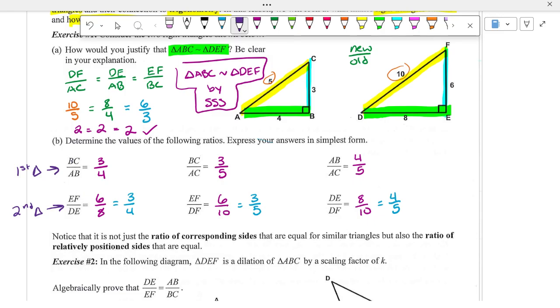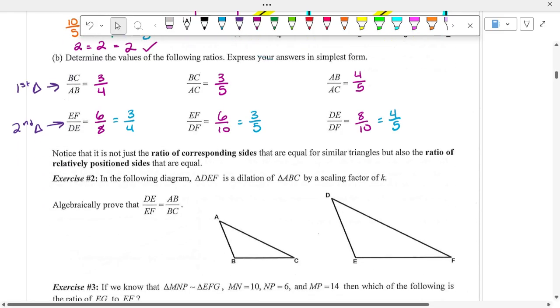They're both the blue sides. AB is corresponding to DE. They're both the green sides, and so on and so forth. All right, so even though we're using ratios from different triangles, they still give us the same because we know they're similar. Does that make sense? Now, there's a whole reason that we're making these ratios. You'll see more when we do trig stuff tomorrow.